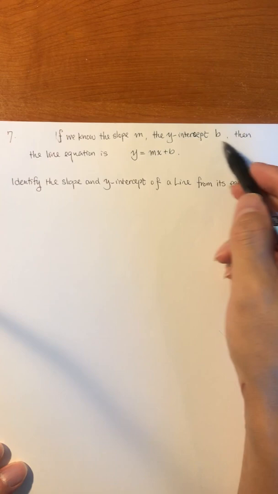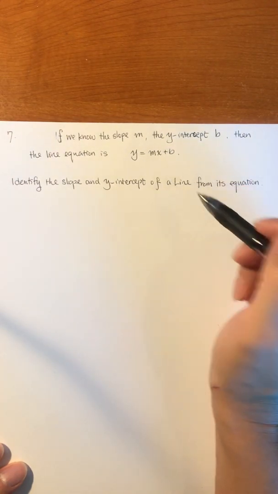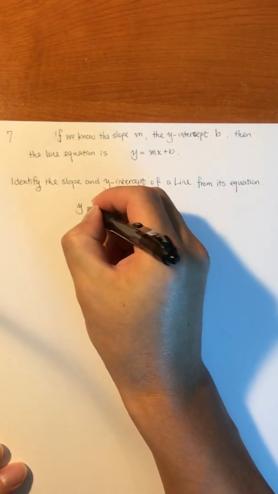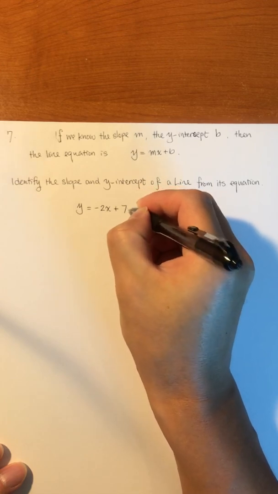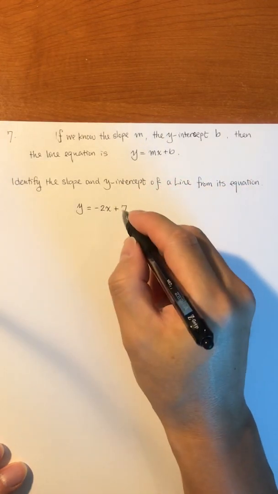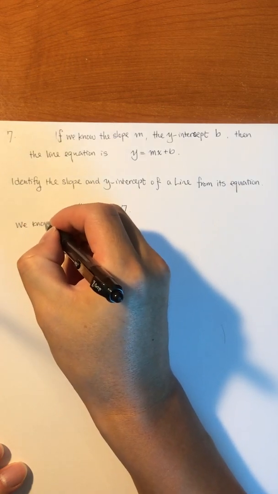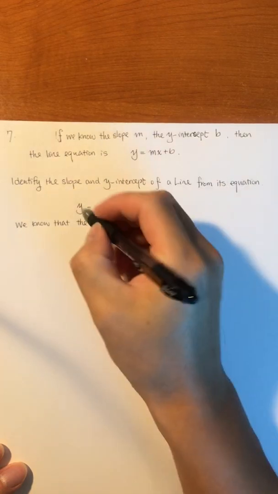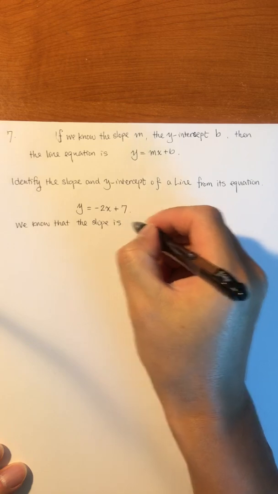The theory behind the seventh part is slope-intercept form. So for example, if we have y equal to negative 2x plus 7, then we know that the slope is negative 2.